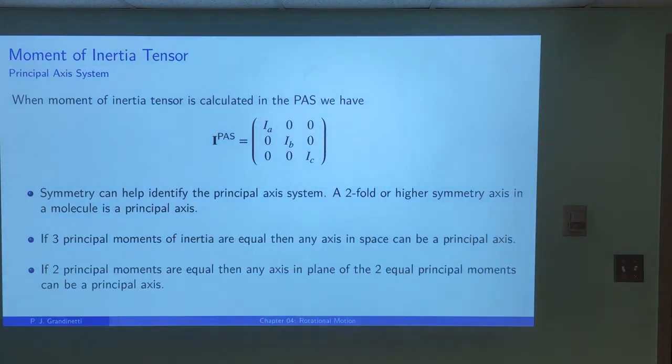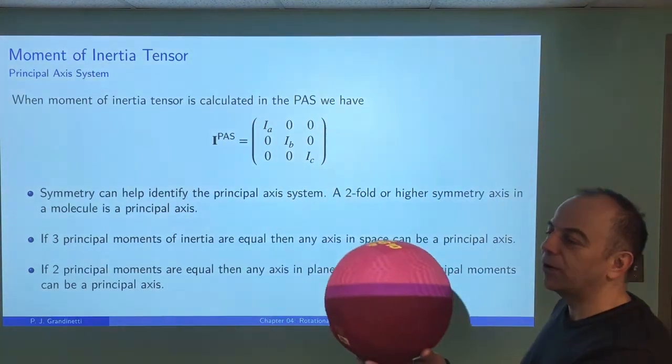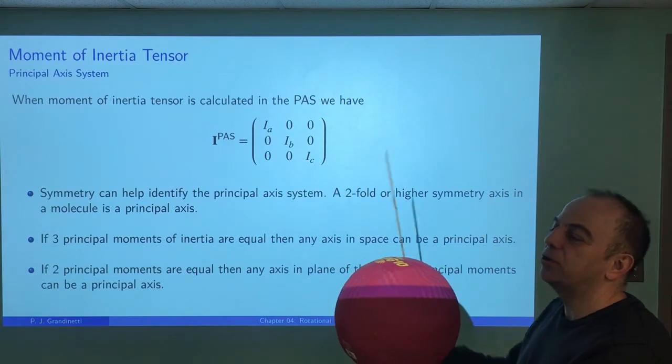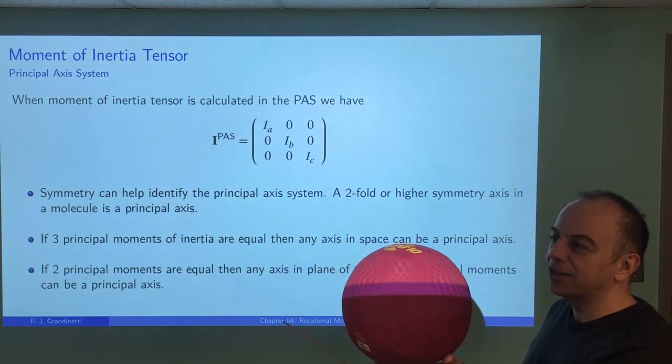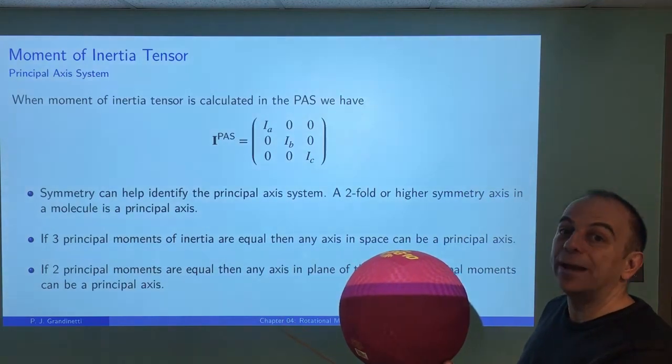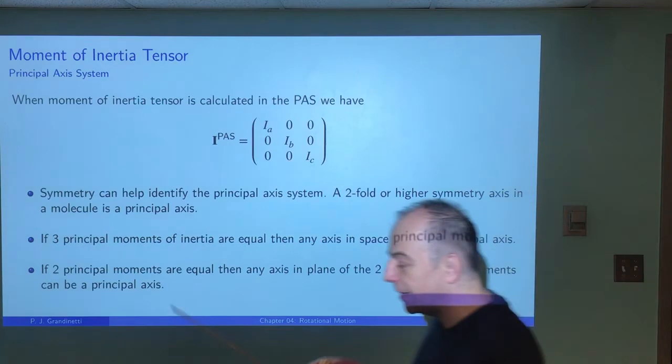For example, if I have something perfectly spherical like this, you can set this calculation up in your coordinate system, and you'll find that it's diagonal no matter how you set it up, because it's spherically symmetric.